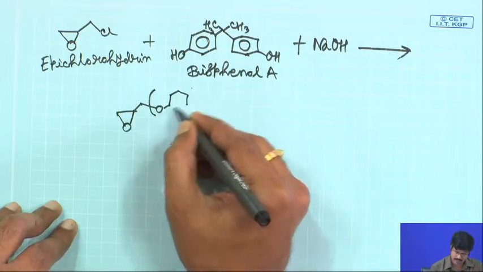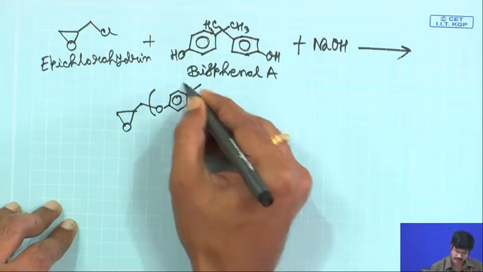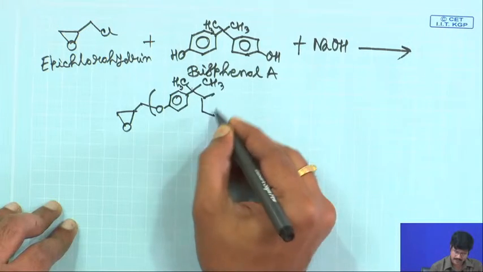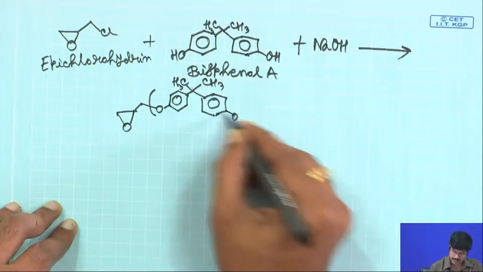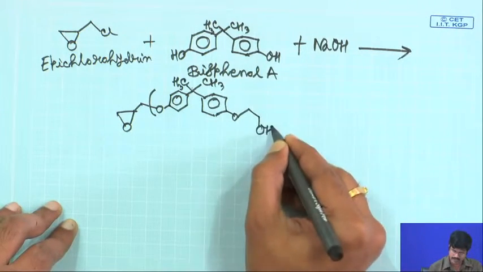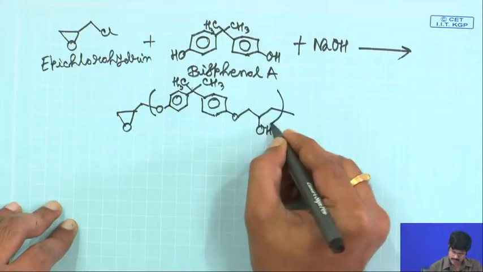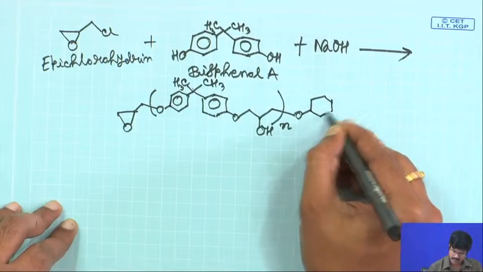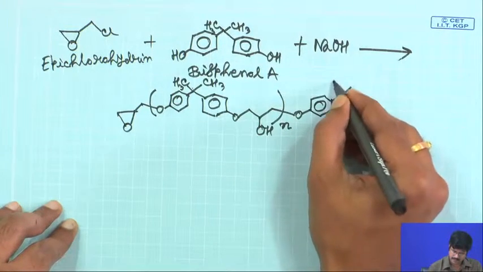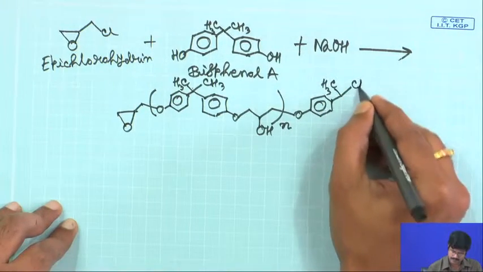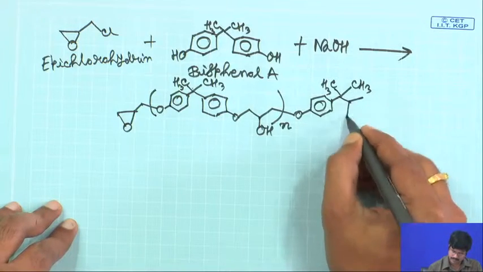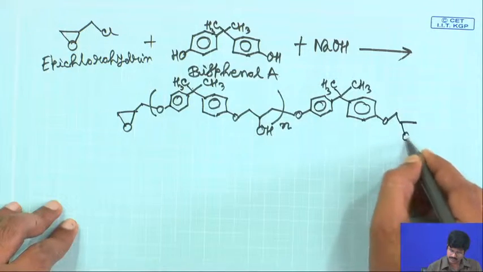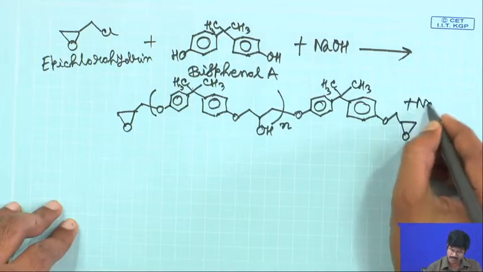So, this is your bisphenol A unit here. You have a secondary alcohol inside. And that ends with the glycidyl ether.